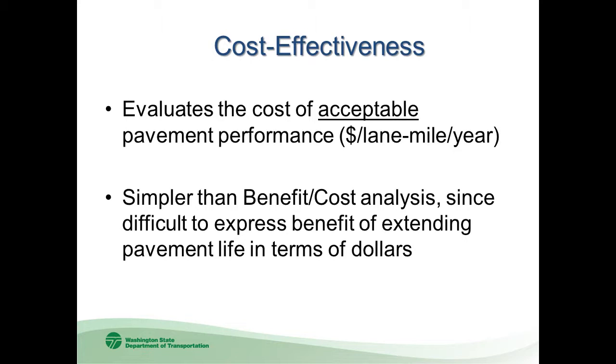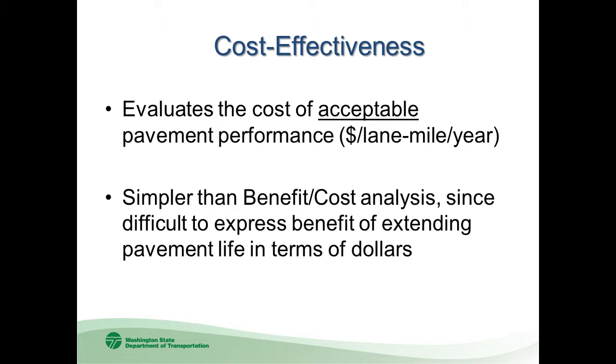When we look at cost effectiveness, again, we try to simplify it by first saying we want to evaluate what is an acceptable pavement performance. We don't really try to look at benefit cost. Benefits are really hard to quantify when you're dealing with pavements, particularly with pavement life or pavement quality of performance.